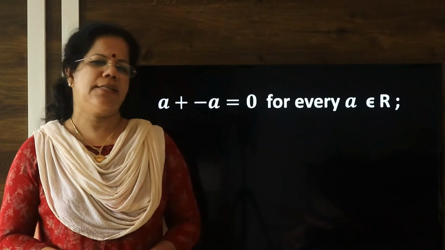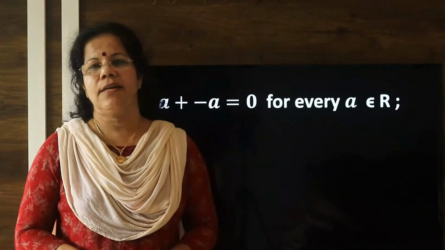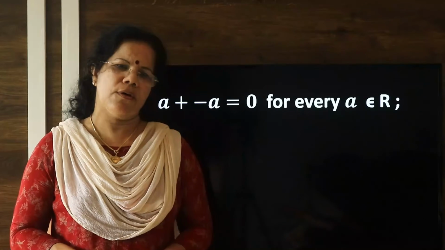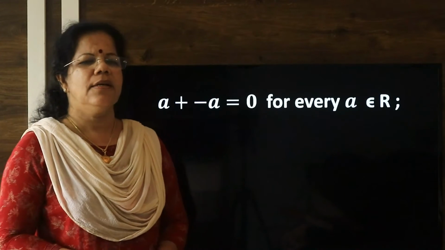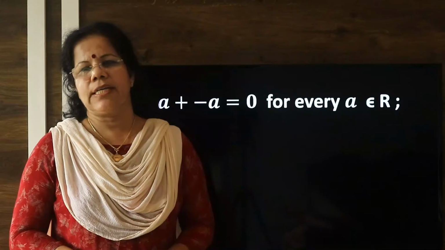That is A plus negative A is equal to 0 for every A belongs to R. So A and negative A are additive inverse of each other.